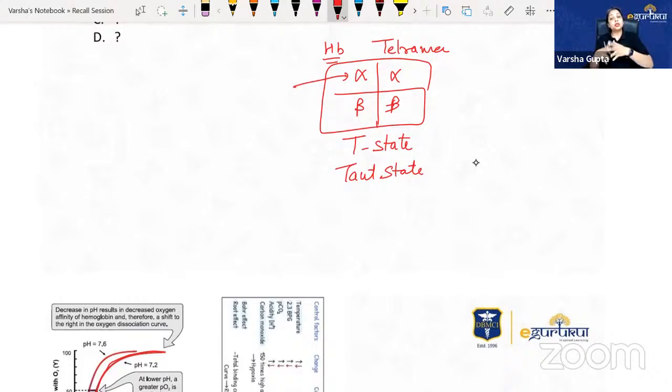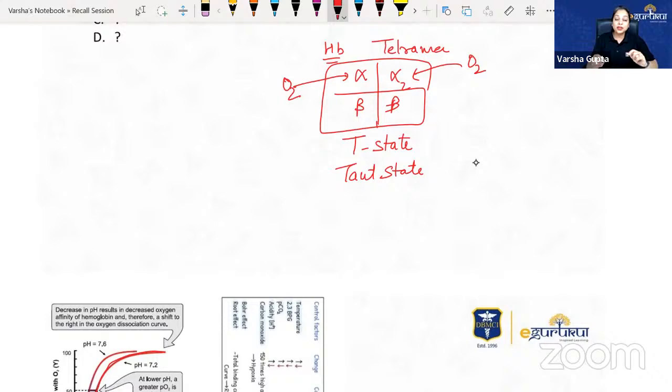Then there comes lots of oxygen in the lungs. Then one gave up: okay, I'll take the oxygen. Then another buddy will come: okay, you are taking it up. There is a conformational change in alpha 1. The alpha 2 will also make a conformational change. Okay, if you are taking the oxygen, I'll grab the oxygen.